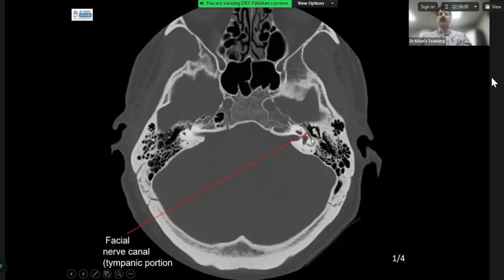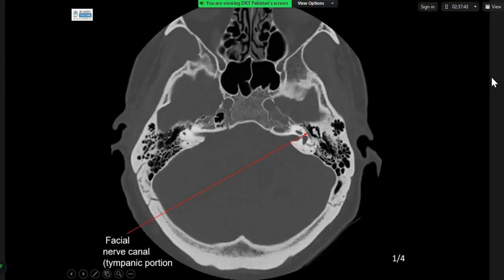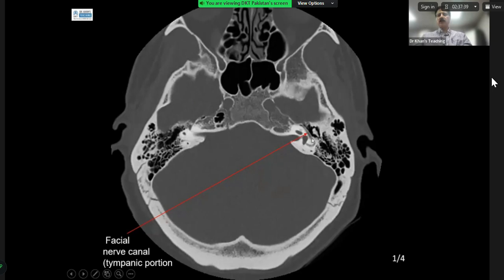This is the tympanic portion of the facial nerve. If you see here, this is the middle ear cavity. This is the epitympanum. This is the malleus. This is the incus. Now, what is this part? Candidate one? Yes, if that's the tympanic part, so... No. The tympanic part is this one.